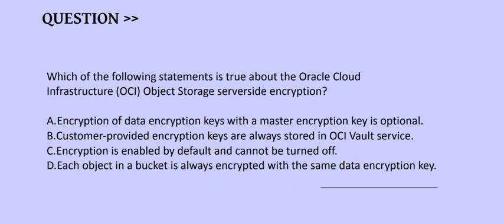Option B, customer provided encryption keys are always stored in OCI Vault service. Option C, encryption is enabled by default and cannot be turned off. And option D, each object in a bucket is always encrypted with the same data encryption key. The correct option is option B.